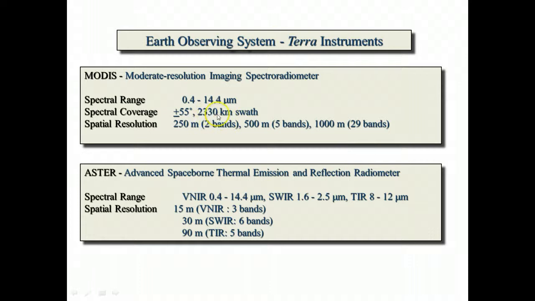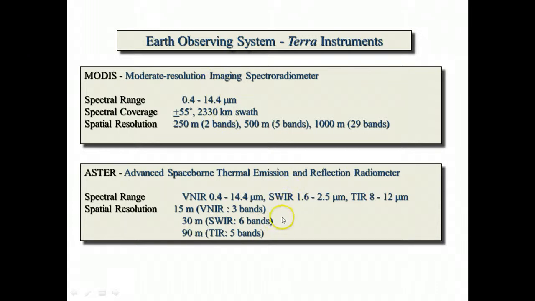And look at the size of this. That is almost 10 times as wide as a Landsat channel, with a 55-degree field of view, and over 2,300 kilometers in width. That's like 1,000 miles across in the swath. So very, very vast area that can be sensed with MODIS.